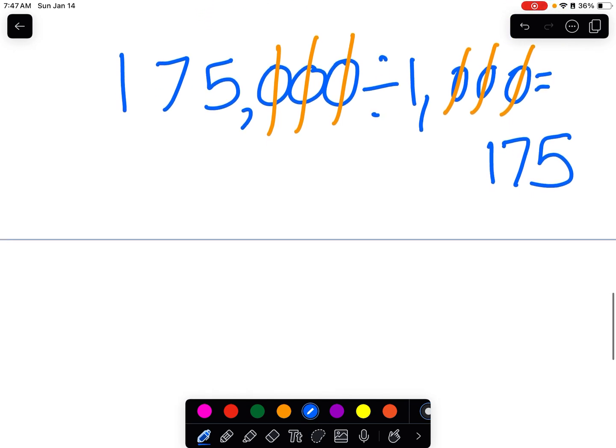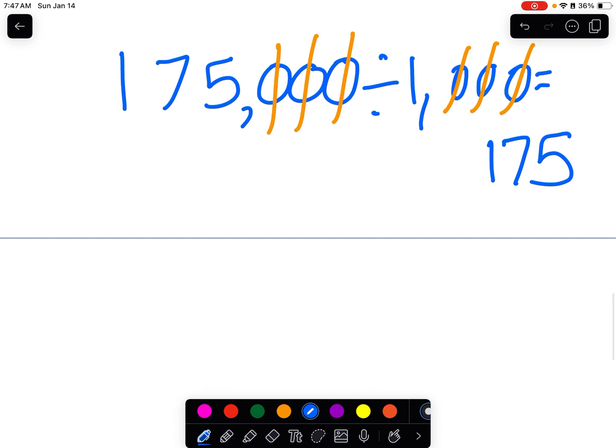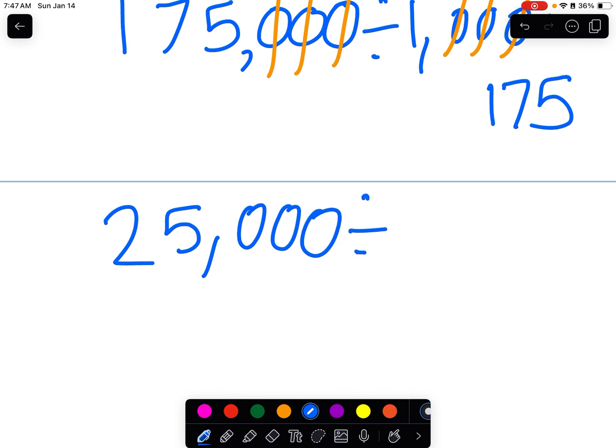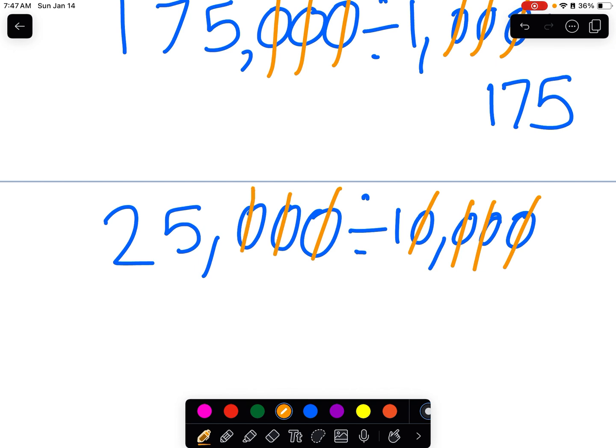And it'll work with a lot of numbers. It doesn't work all the time. So for instance, let's do 25,000 divided by 10,000. Well, here it doesn't work. Because 1, 2, 3, 4 zeros, but here I have 3 zeros and I can't cross out that 5, so that's not going to work.